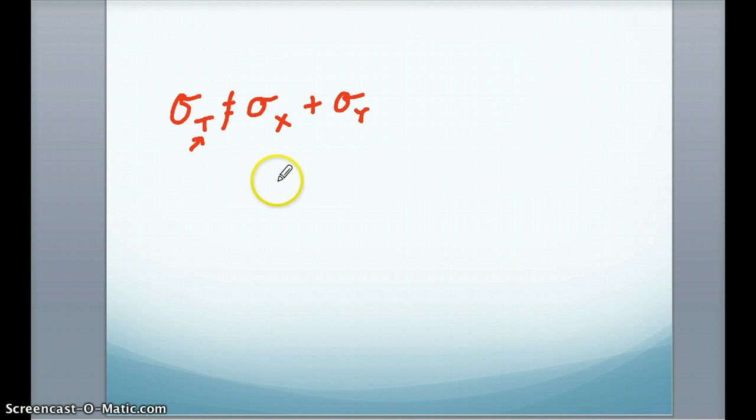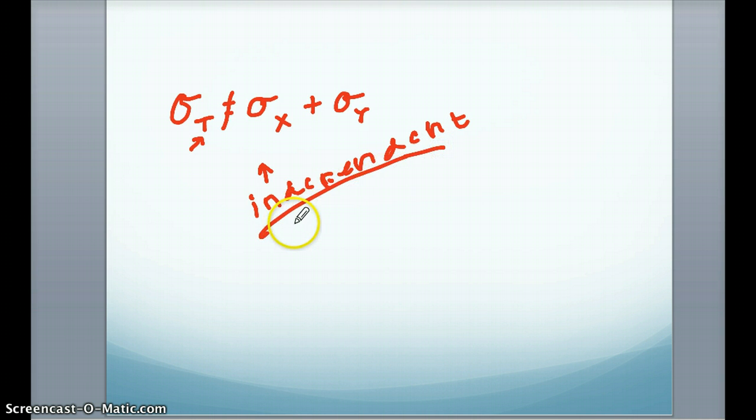The other problem here is that you're not always going to be able to do this. The only time that you can combine standard deviations is when the two are independent random variables. If they're not independent of each other, you wouldn't be able to combine them.